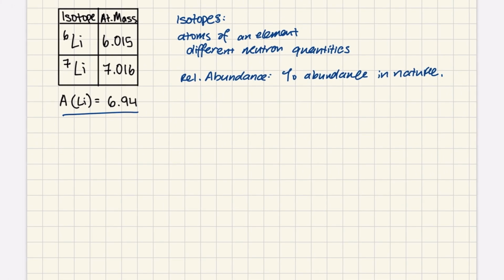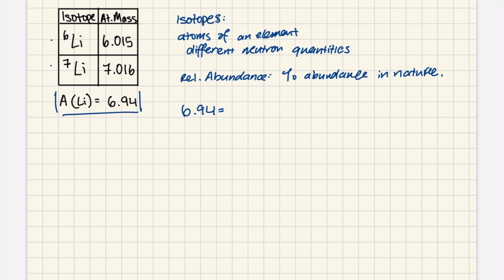So now we're going to look at solving this question now that we've defined the key terms that are in it. In order to do so, we're going to set up a little algebraic equation, and we're going to set 6.94 as the subject because that's the atomic mass, and then what we want to solve for is the proportions of lithium 6 and lithium 7 that make up the atomic mass that's given in the periodic table here.